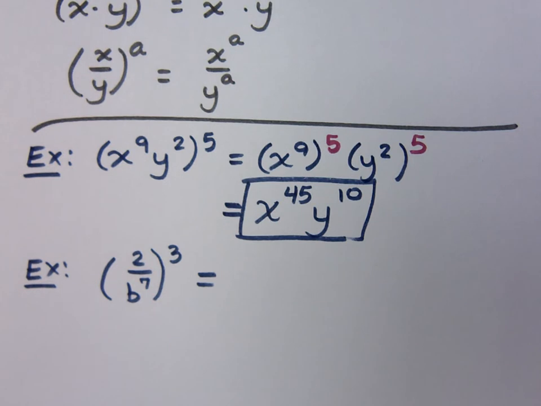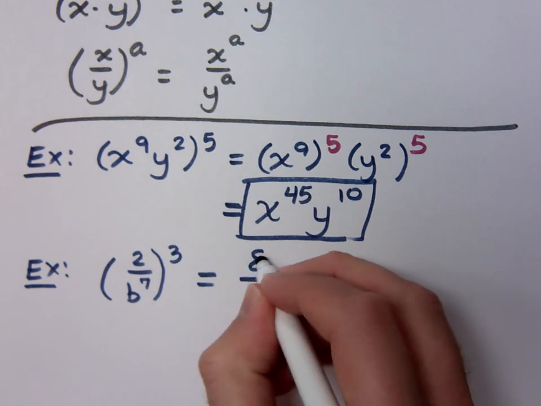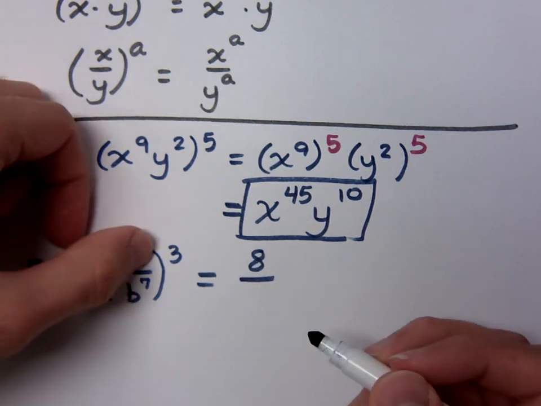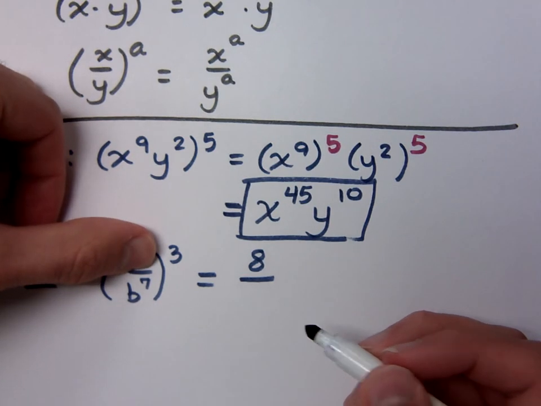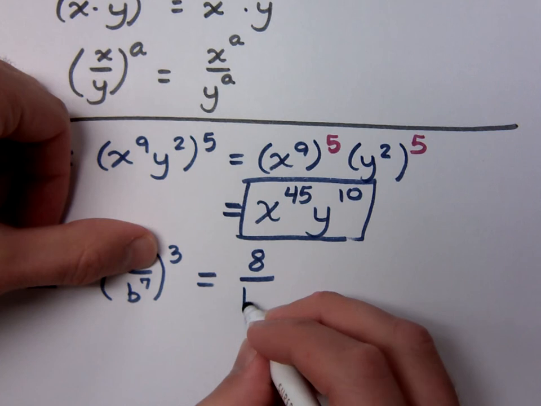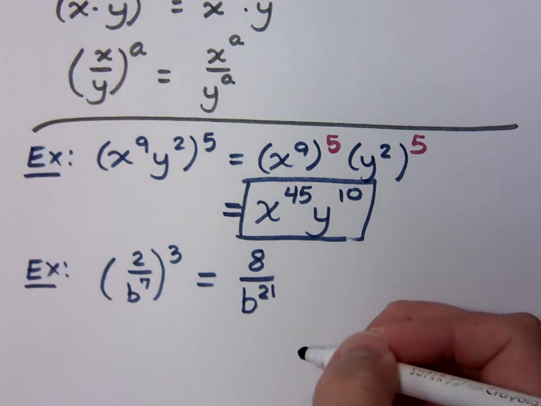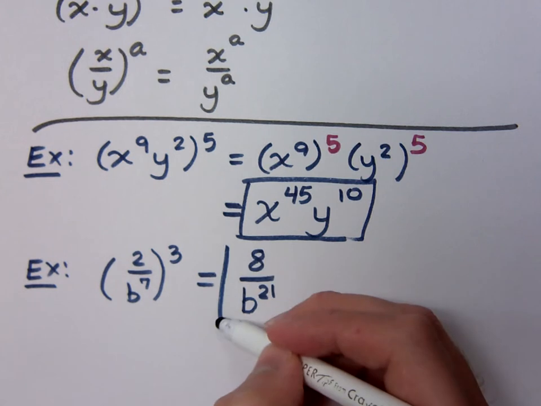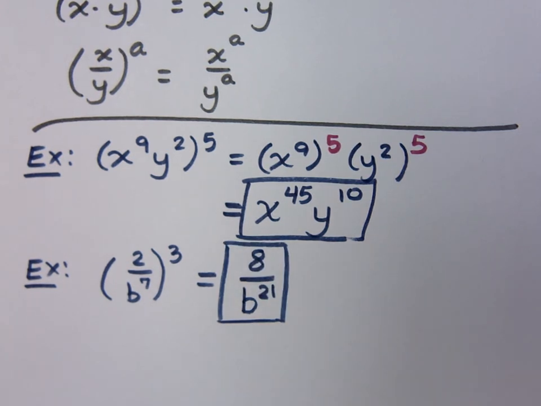It's not 2 times 3. It's 2 to the 3rd power. What's 2 to the 3rd power? 8. And what about this denominator here? I've got b to the 7th to the 3rd. What is that? b to the 21st. Is that okay?